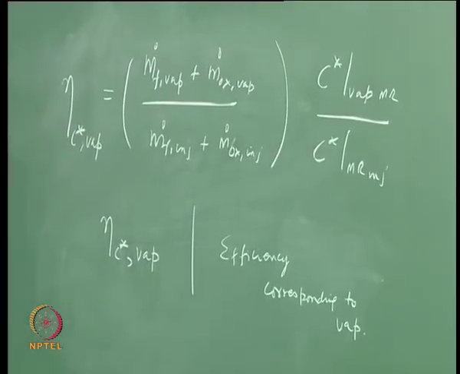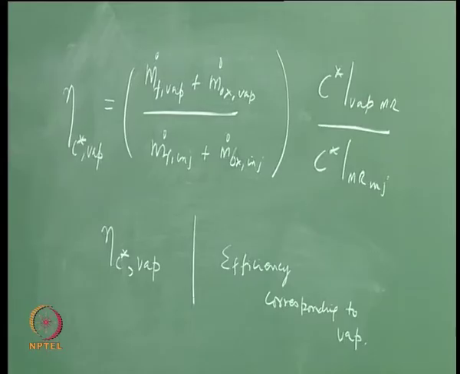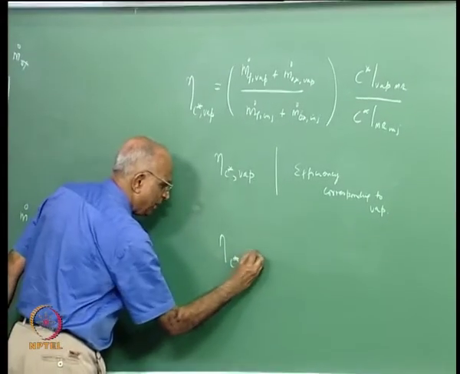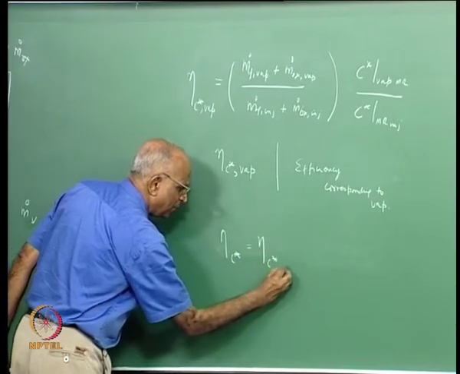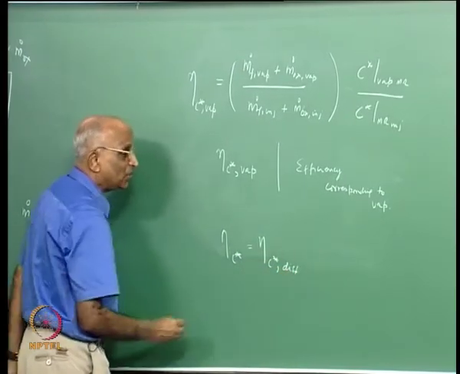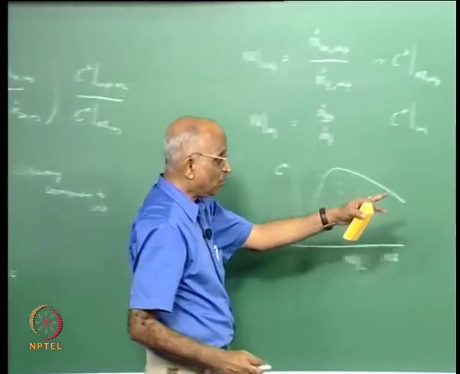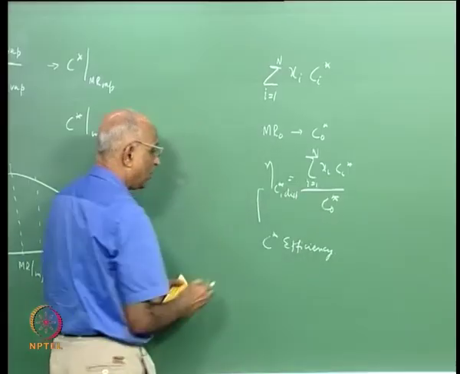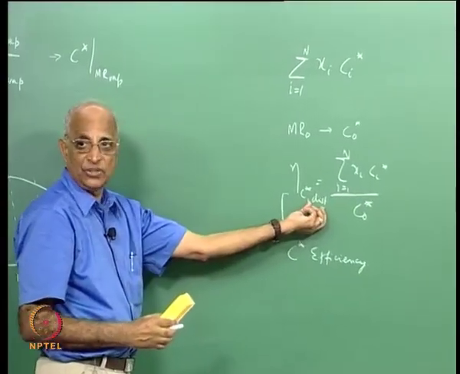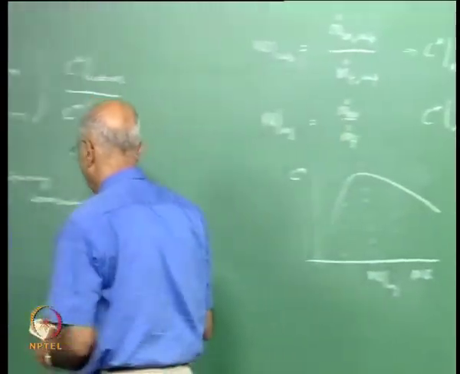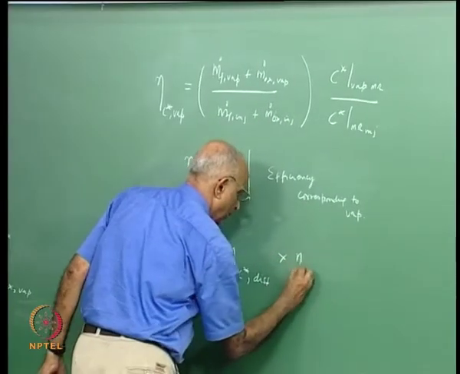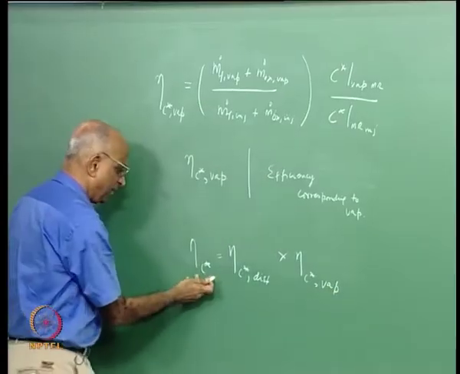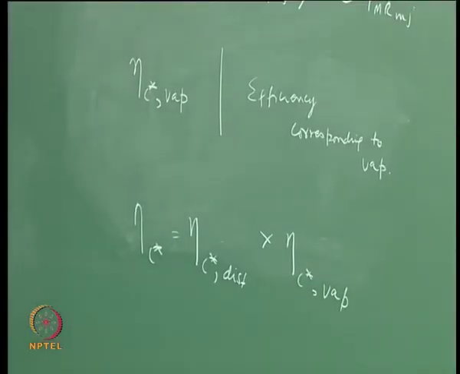Therefore, what will be my total efficiency? The total efficiency of my chamber, eta C star, would be equal to eta C star due to distribution, and that is what we had here. Maybe we could also write it as due to distribution because we are also getting the second one, eta C star due to vaporization, and this is my net value of C star in the chamber.